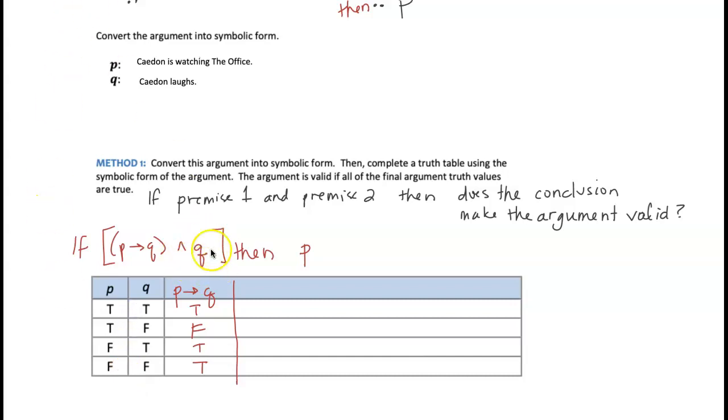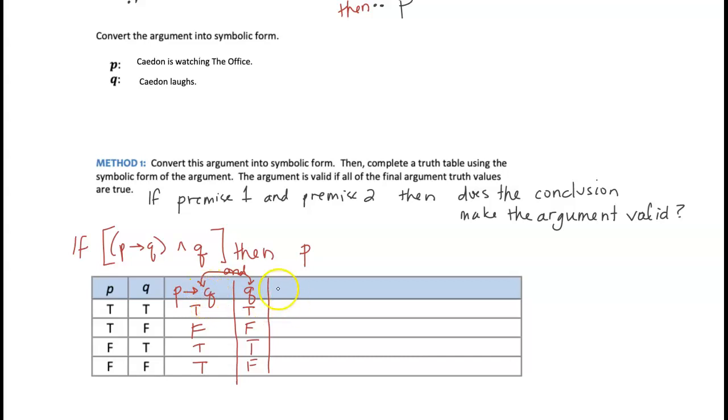The second part of our antecedent is just statement Q, and that would be true, false, just repeating it. And we're going to connect those two columns with the word and.